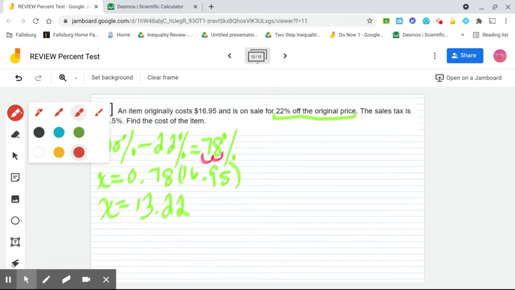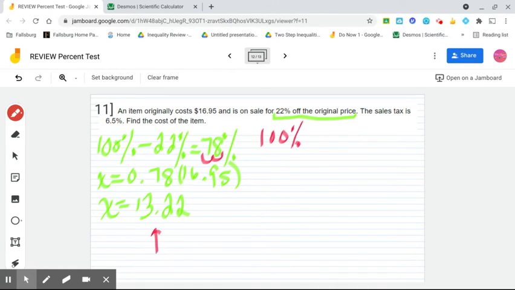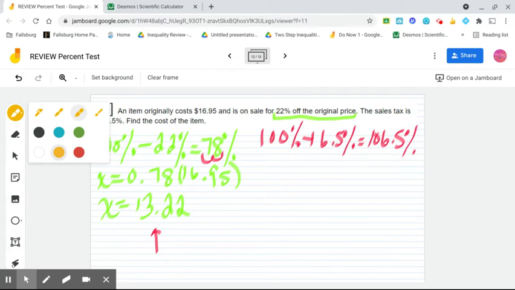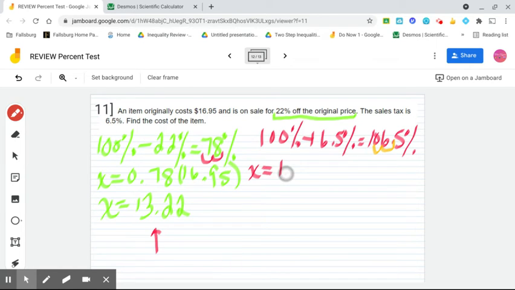Now we must find the tax on the discounted price. So we have to pay the 100% of this discounted price plus the 6.5% tax, which gives us 106.5% total. So we want to make sure we change this to a decimal, go 2 to the left. And we're going to have X equals 1.065 times 13.22.